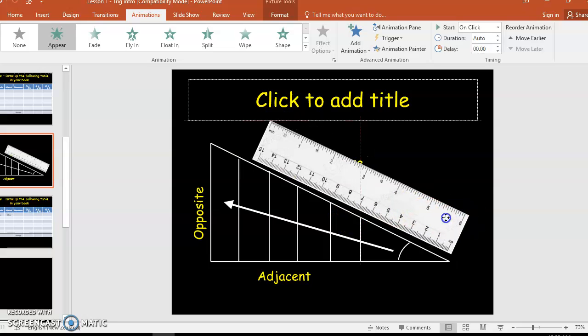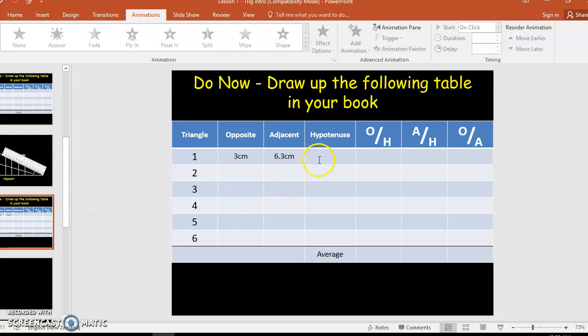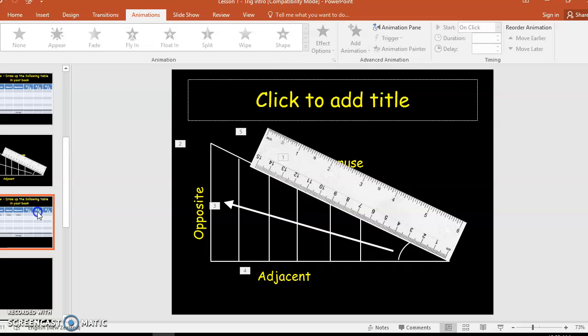Alright, so the hypotenuse is about 6.6, I think. Let's chuck that in. 6.6 centimeters. You're going to do your own measurements because this is on my computer. You might have a different triangle.